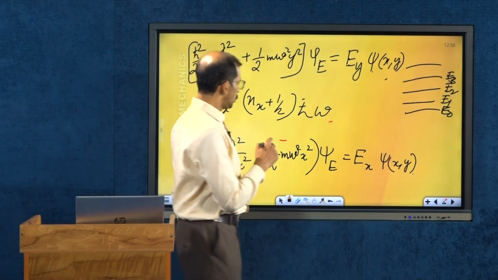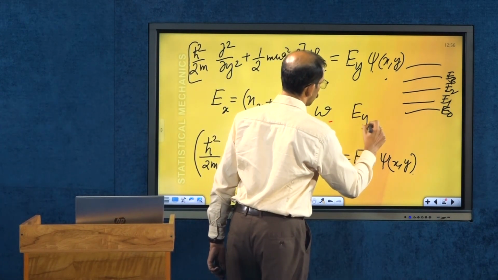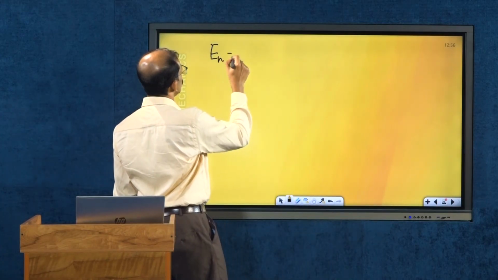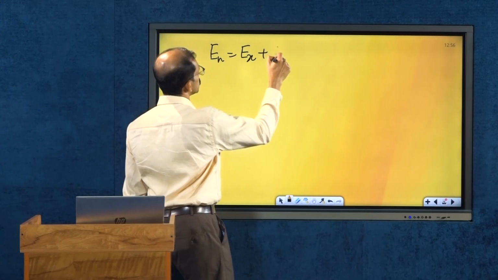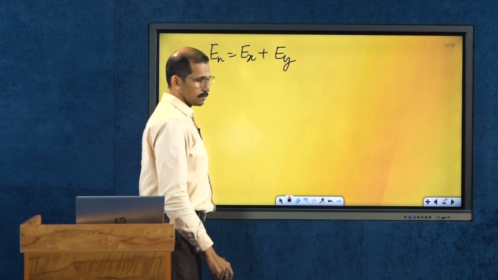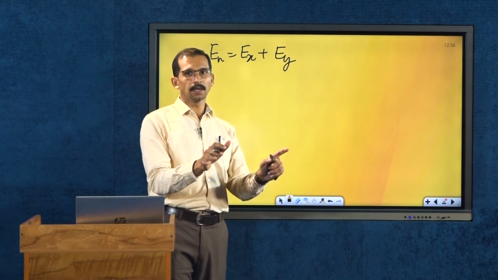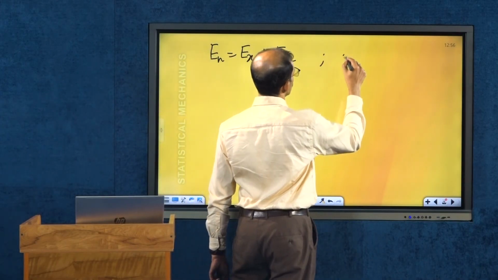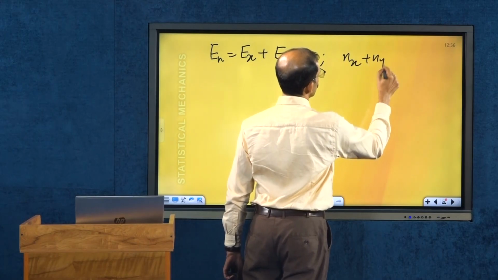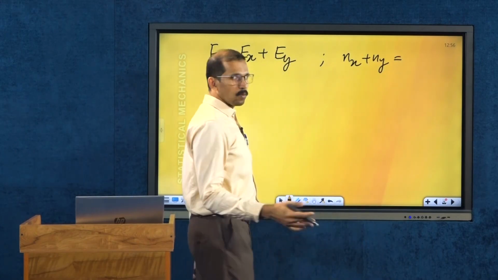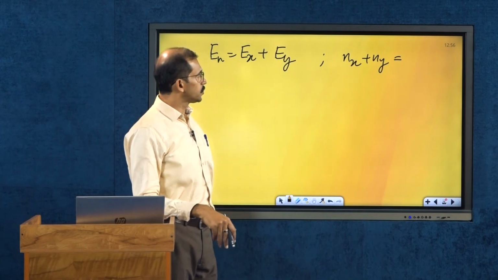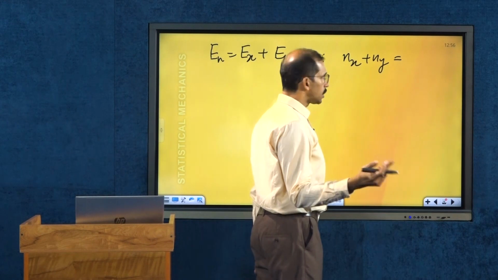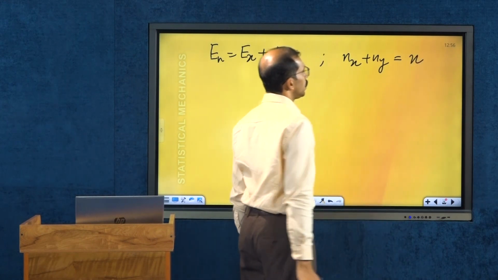Then we can combine: En is equal to Ex plus Ey, the energy in the x direction plus the energy in the y direction. And if I consider that nx and ny are two integers, then nx plus ny can be another integer which I represent by n.